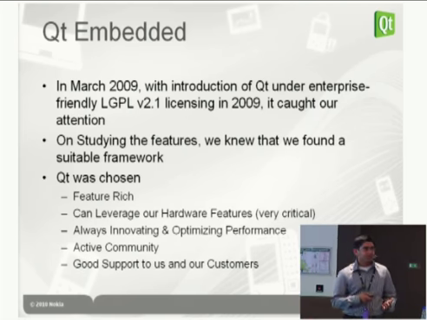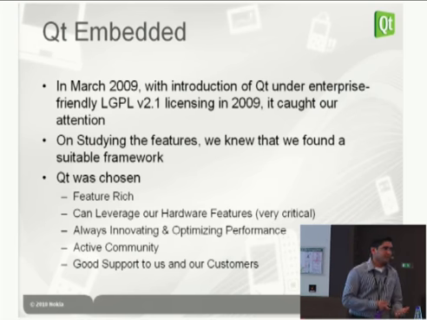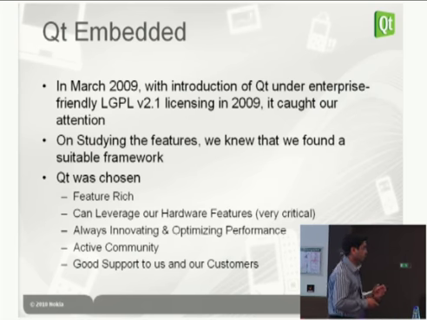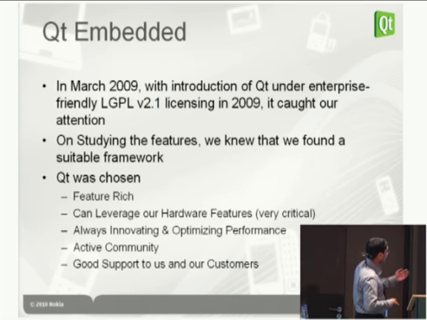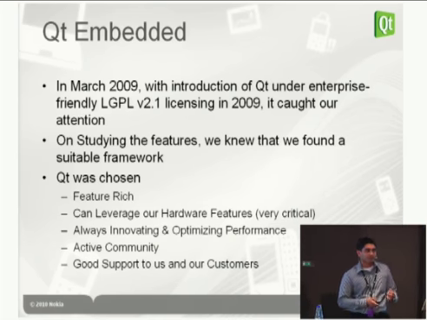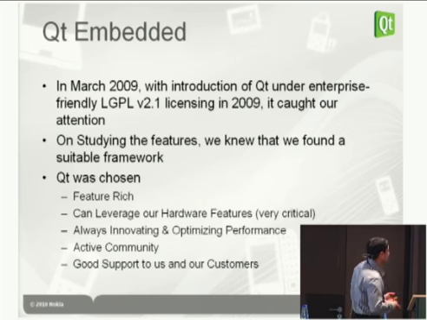LGPL at TI is a very enterprise-friendly license, and we love it. I'm not sure why, it's something to do with legal. So we started studying the entire framework, and we knew that we had found a very suitable framework that we can offer to our customers.